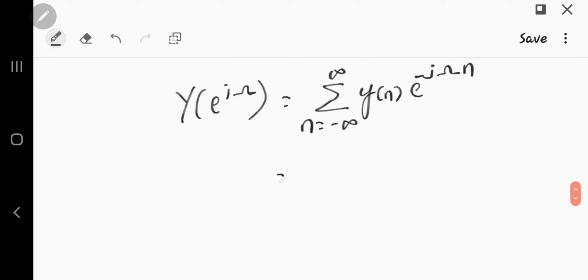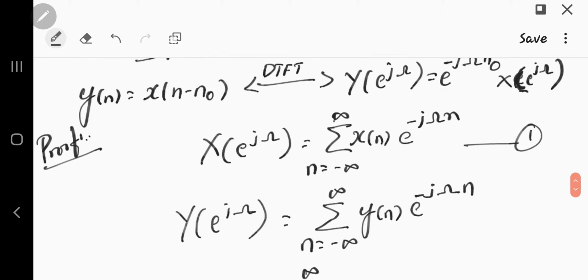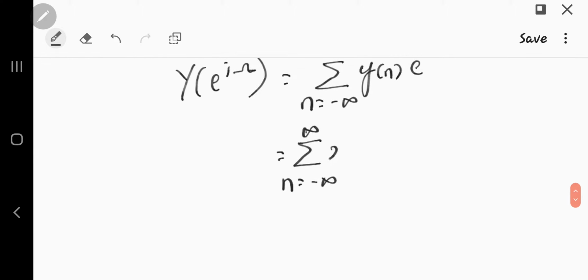Now what is y of n? So let's substitute y of n here. y of n is x of n minus n naught. So we substitute here x of n minus n naught e power minus j omega n.